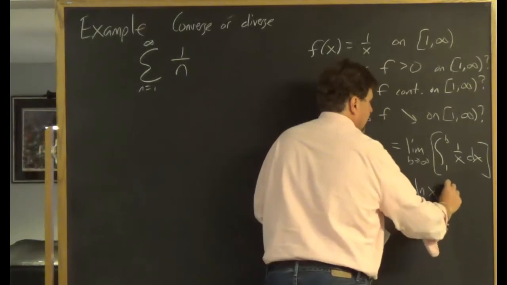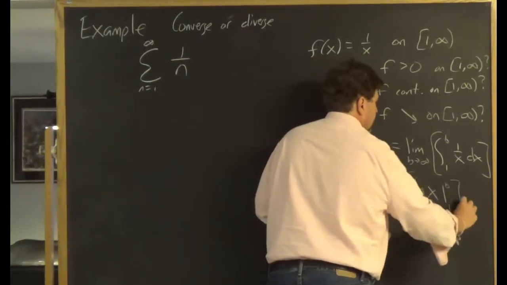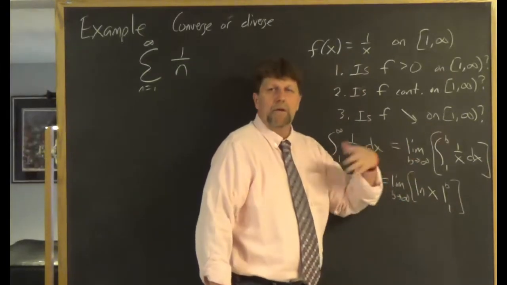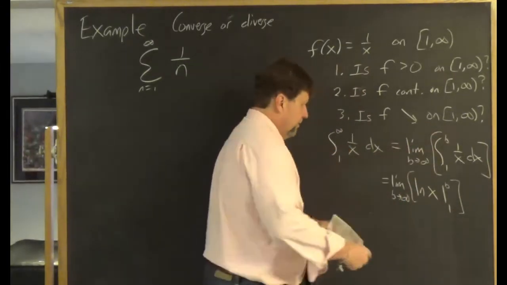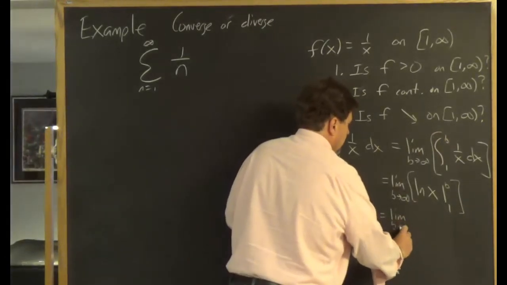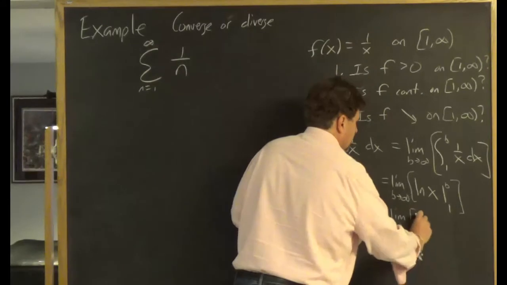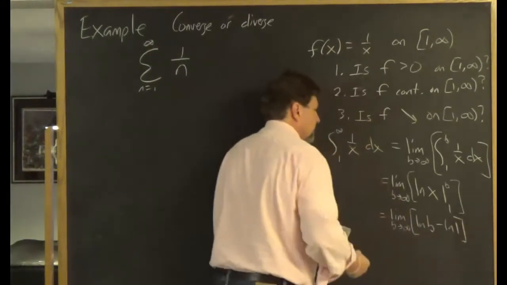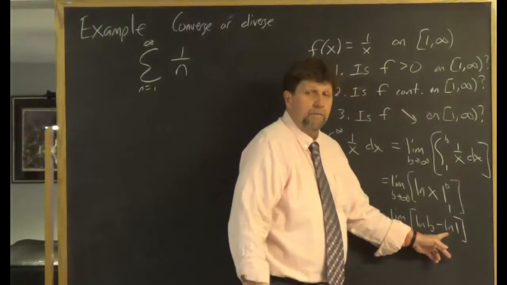We're going to evaluate that from 1 to b. Notice I didn't put the x inside absolute values because we're only dealing with positive numbers here. So we have the limit as b goes to infinity of the natural log of b minus the natural log of 1. The natural log of 1, well, that's 0.